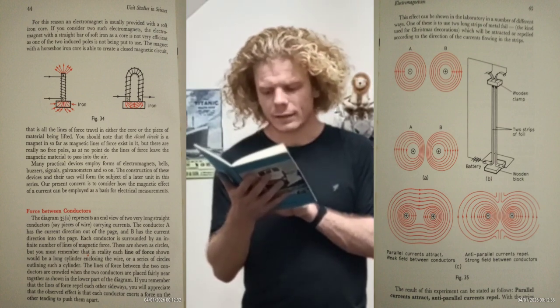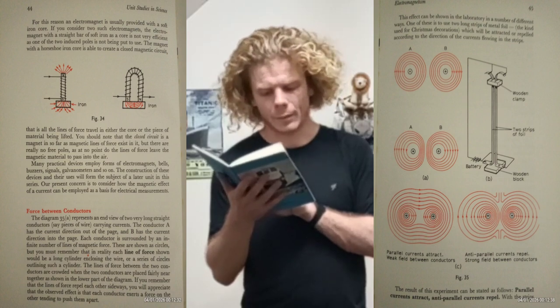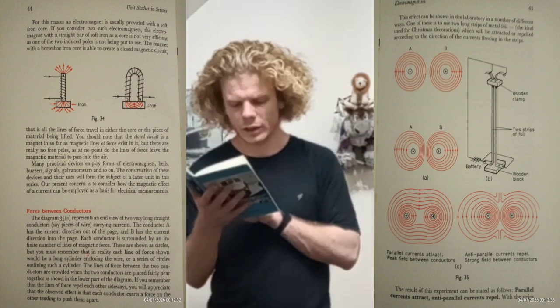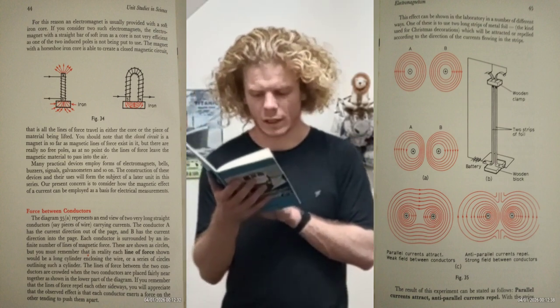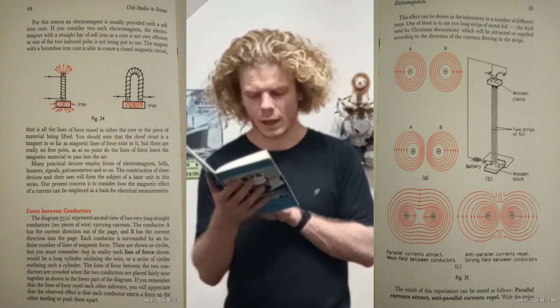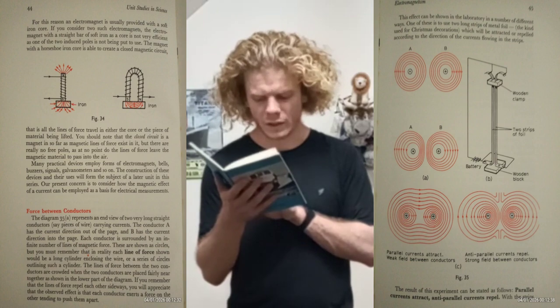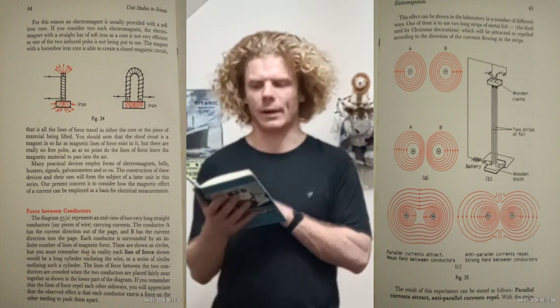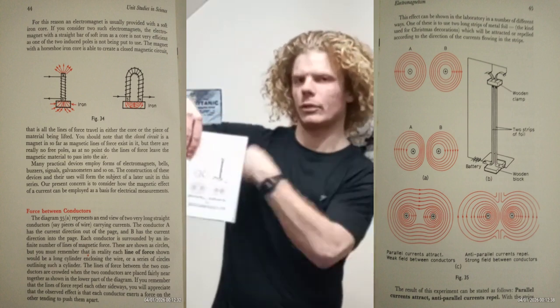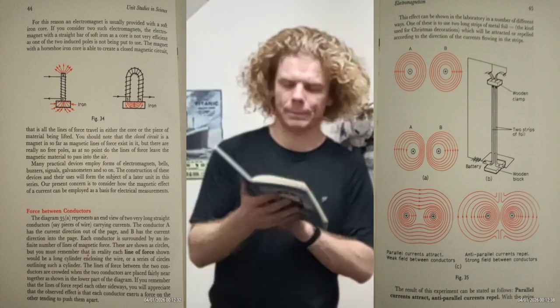These are shown as circles, but you must remember that in reality each line of force shown would be a long cylinder enclosing the wire, or a series of circles outlining such a cylinder. So it's not two-dimensional, these lines go on after that.